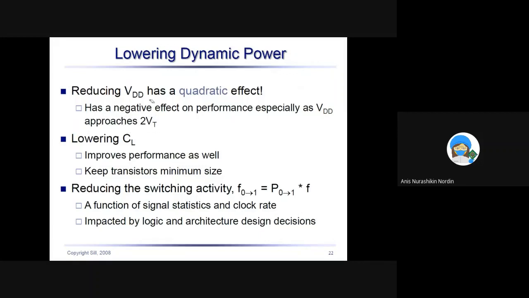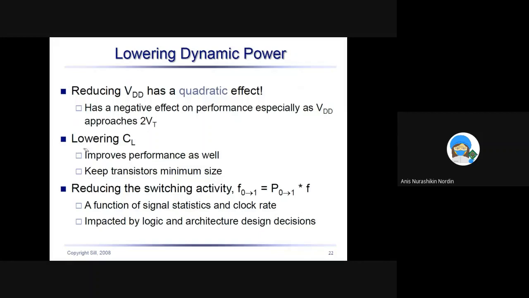If you reduce VDD too much, it will become very hard to turn on your transistor, because you must have higher voltage than the threshold voltage. Then only can you form the channel. But if you put in too low, then your channel will not turn on as quickly, right?